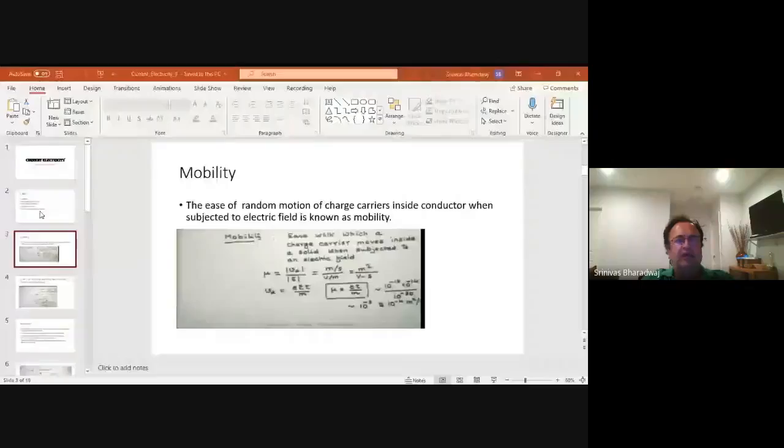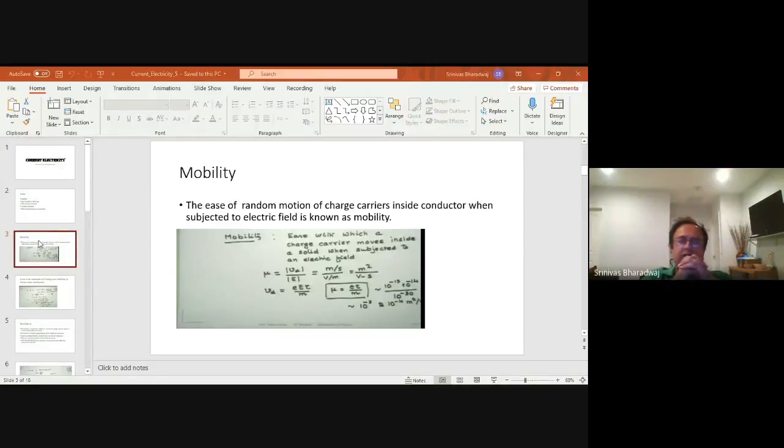what happens in the context of mobility and charge. Okay, now the ease of motion of charge carriers inside conductors when subject to an electric field is known as mobility. Okay, so again they use this term mu. The drift velocity Vd is proportional to the electric field, right? So the constant between Vd and E is the mobility.